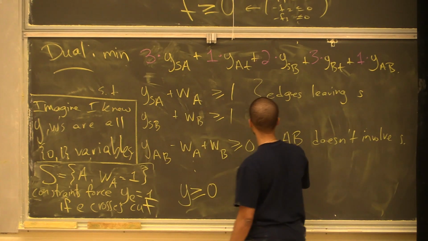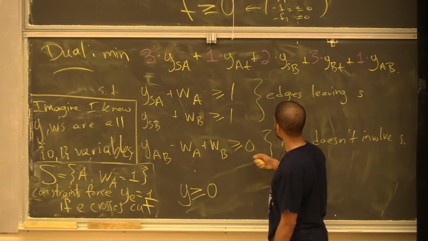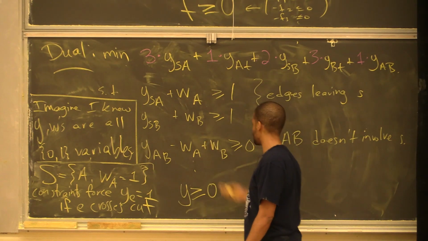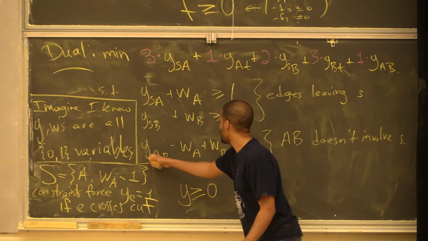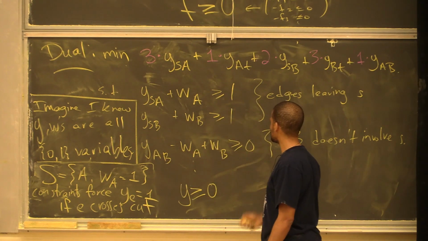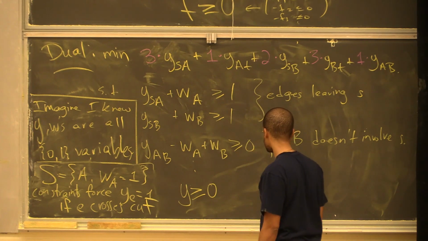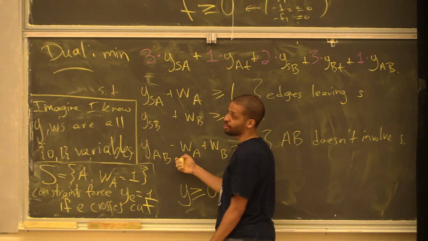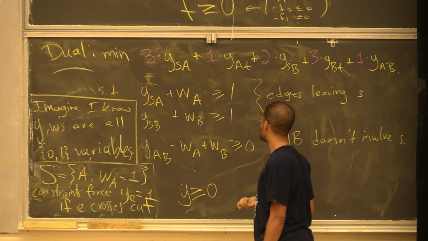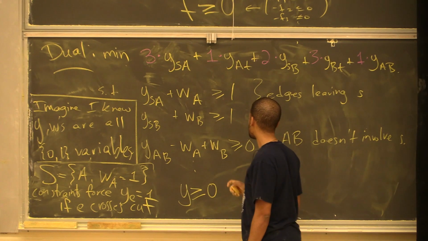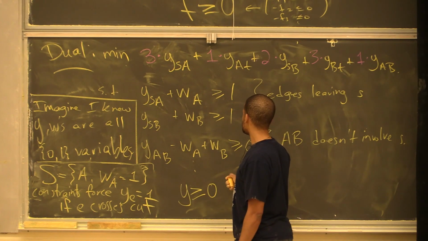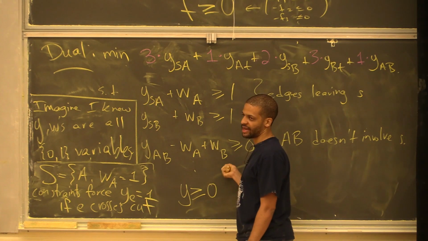Now let's look at the constraints that correspond to vertices which are not S, like middle vertices. So I have things like YAB minus WA plus WB is at least 0. There's one constraint per edge. Now, the interesting case: there are basically 4 possibilities for WA and WB.